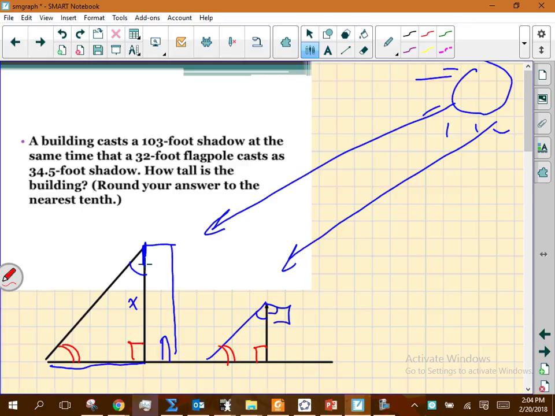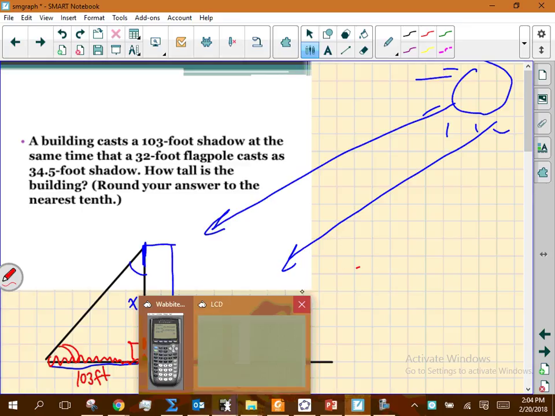We're trying to find the height of the building, and the shadow that it cast was 103 feet. So that's that shadow right there. The flagpole at the same time cast a 34.5 foot shadow.